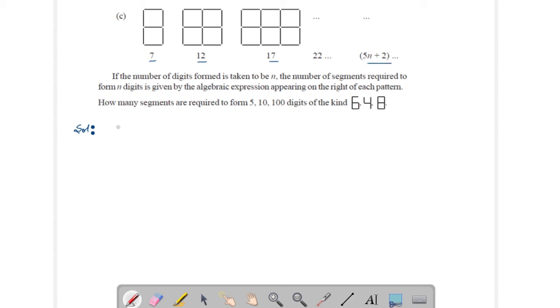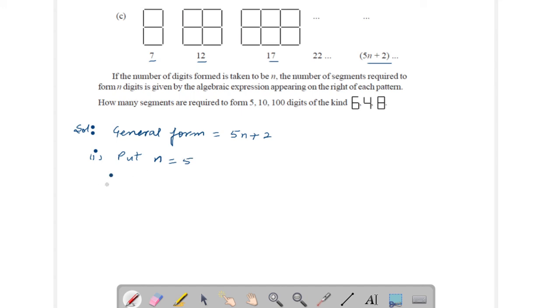Here general form equal to 5n plus 2. Here say first part, put n is equal to 5.